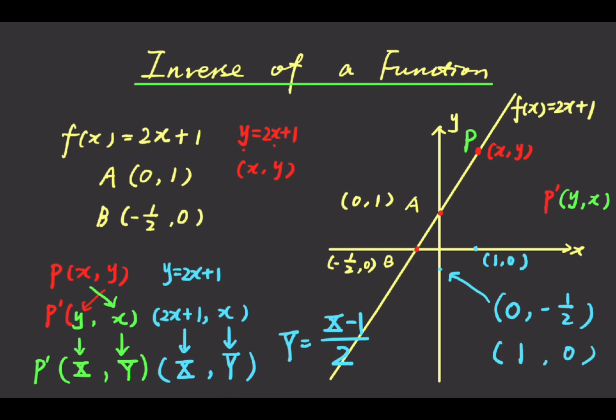Then we connect these 2 points to figure out the corresponding graph of the inverse of the original function. Okay, here it should be extended. Now, if we use y to replace the y in uppercase, we can figure out this straight line. That's it.